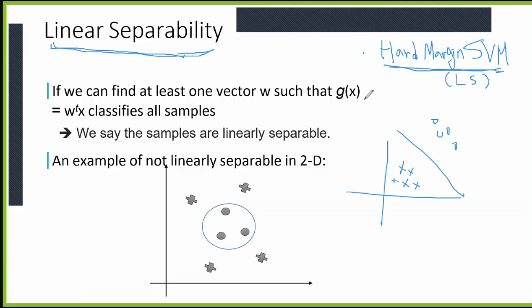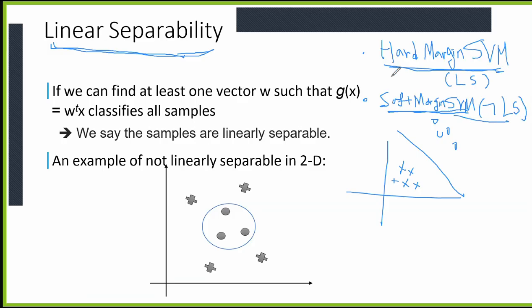Soft margin SVM is another type, an extension of the hard margin SVM, allowing for some slack. In other words, the soft margin can handle data that is not linearly separable.